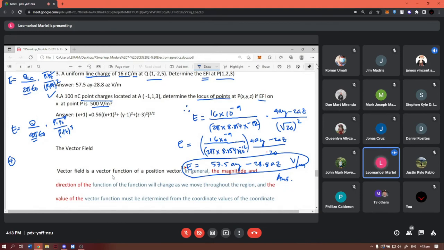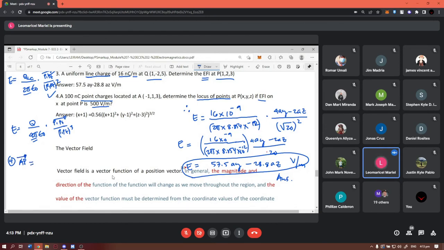Nasa walang charge. Ibig sabihin, yung point A may 100 nanocoulombs. So, andyan yung charge mo na point. So, therefore, andito yung test charge mo. Ang kukunin natin yung vector AP. Diba? Papunta sa point P kasi andun yung ating test charge. Yung walang charge, andun yung test charge.